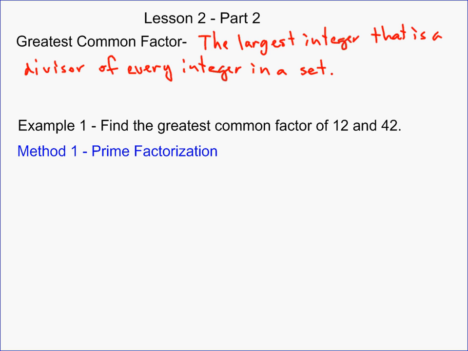Oftentimes, there might be multiple things that are a divisor of every integer. For instance, if you talk about the set of even numbers, 2 is a divisor of all of those numbers. So there's often different things that are divisors, but we're looking for the greatest or the largest integer that divides everything in a set, or is a factor of everything in a set.